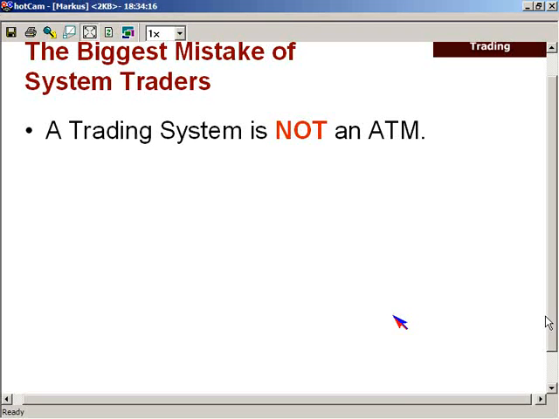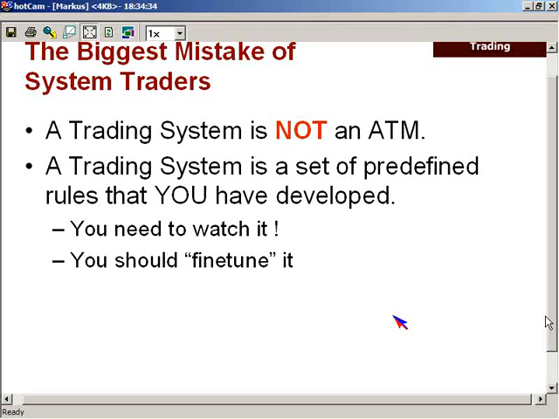Okay, very quickly, and then I'll answer a couple of questions that we have here. Keep in mind, a trading system, a trading strategy is not an ATM. It does not mean that now you have an ATM in your front yard that you'll automatically make money.